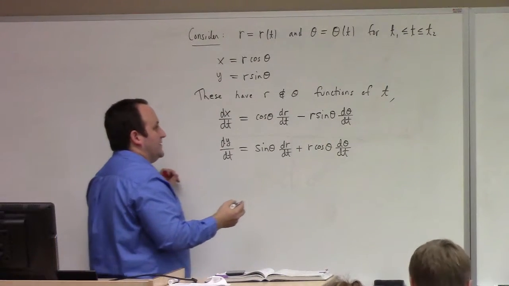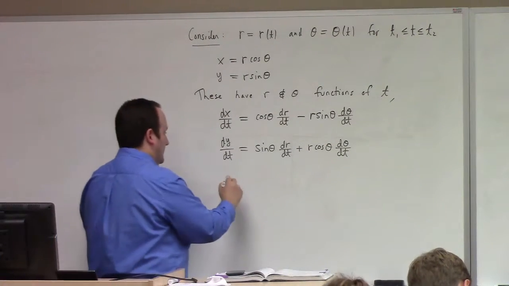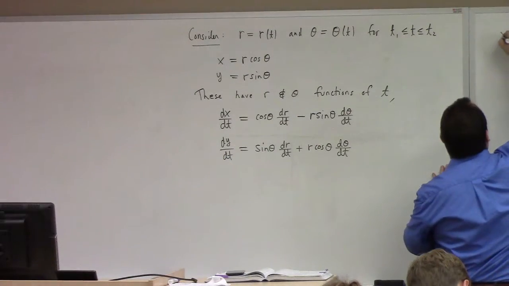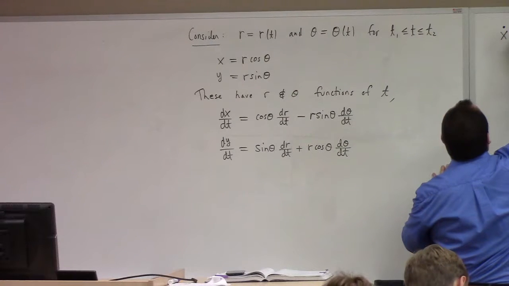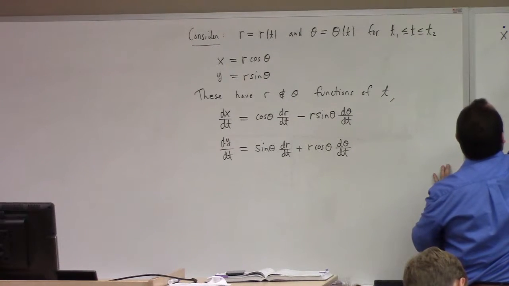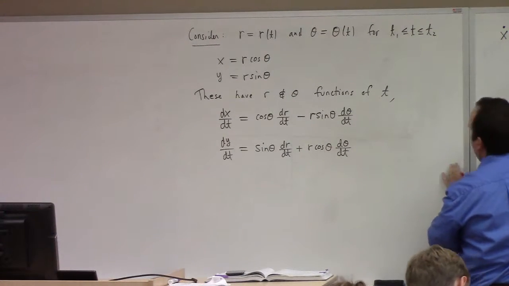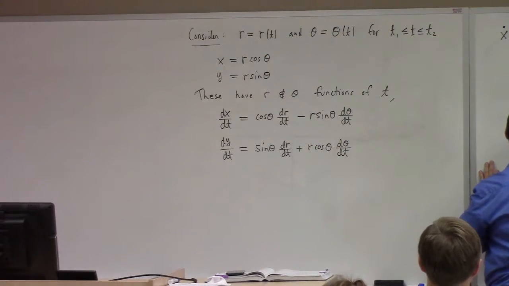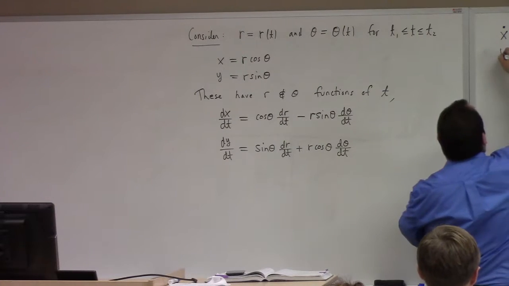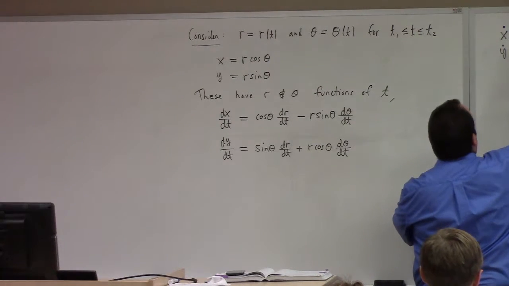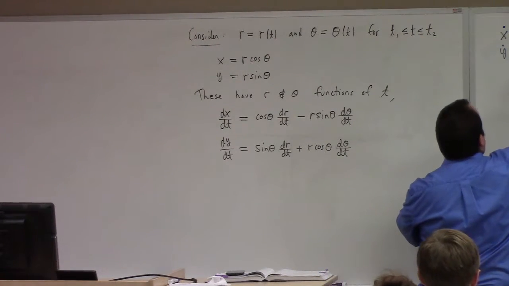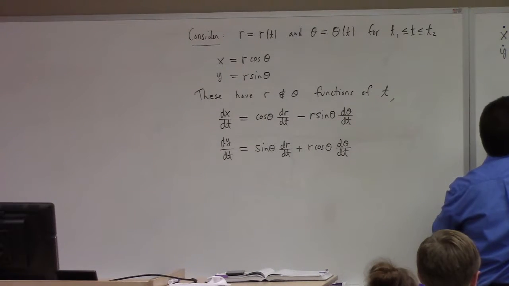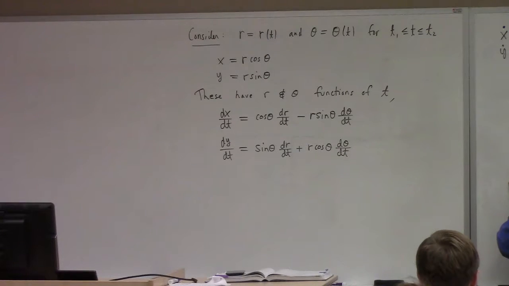I actually prefer the following language for this. So we have x dot equals cosine theta r dot minus r sine theta theta dot, and y dot is equal to sine theta r dot plus r cosine theta theta dot.